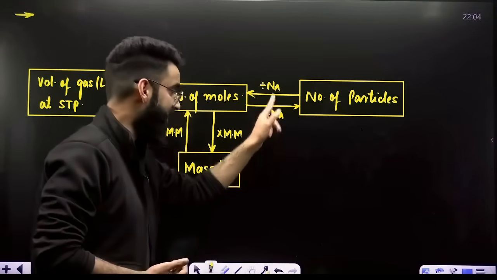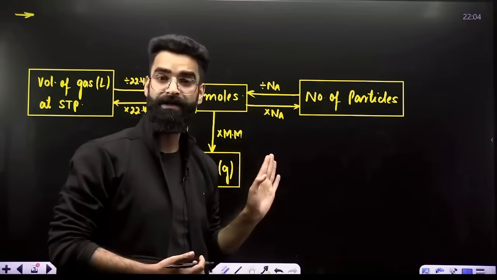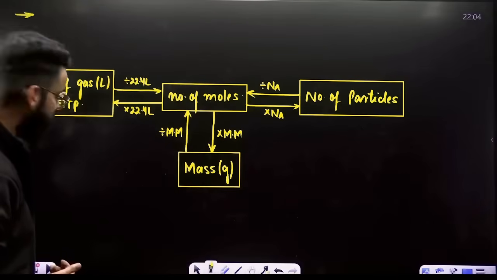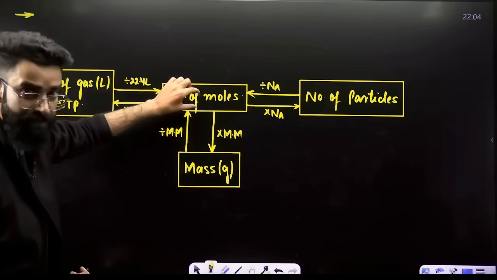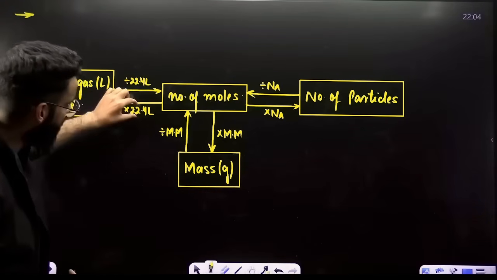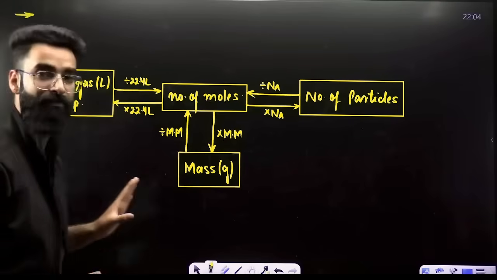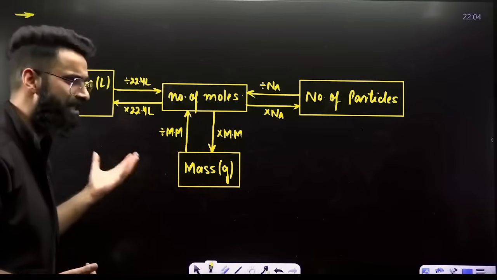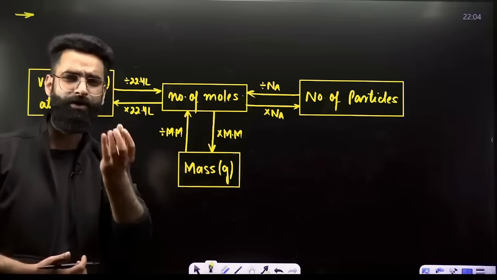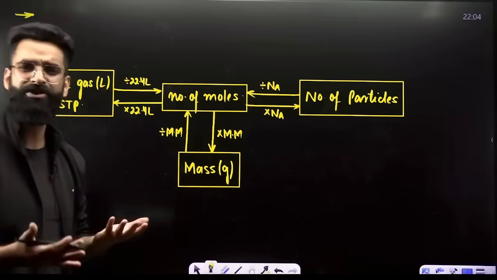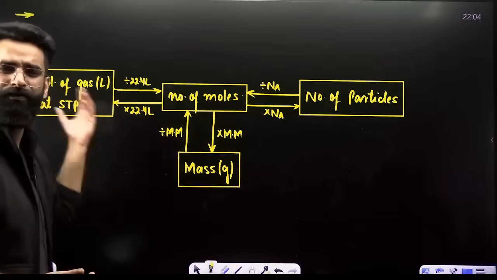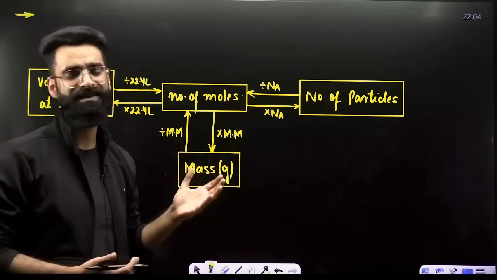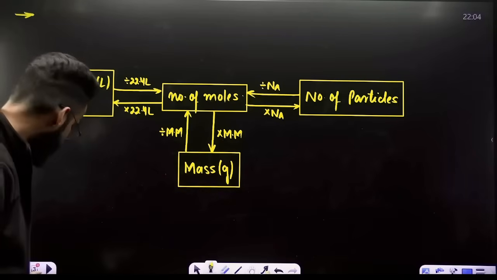Moles multiplied by Avogadro's number again gives me number of particles. Similarly, given volume of the gas in liters divided by 22.4 liters gives me moles. Moles multiplied by 22.4 liters gives me the volume of the gas. So with the help of this diagram, you can do some basic questions in which you can convert mass into volume, volume into particles, particles into mass, etc., right?